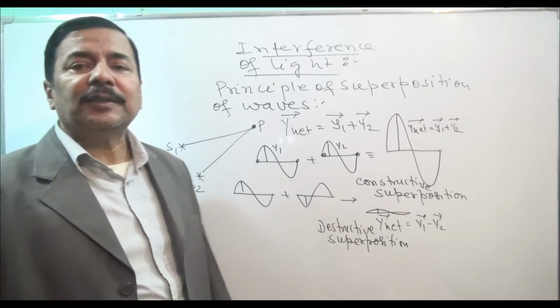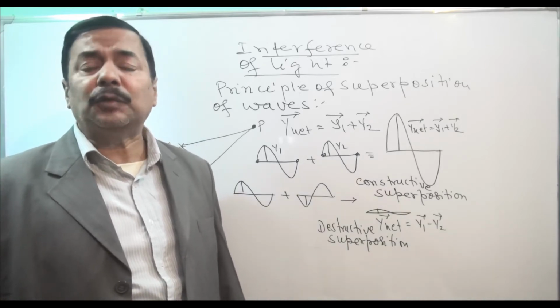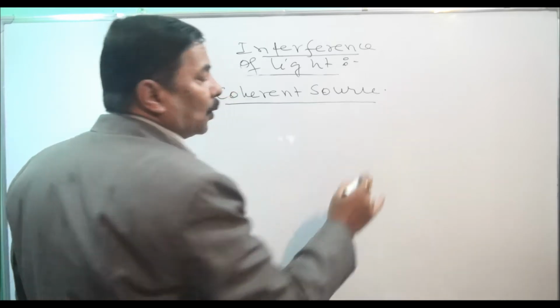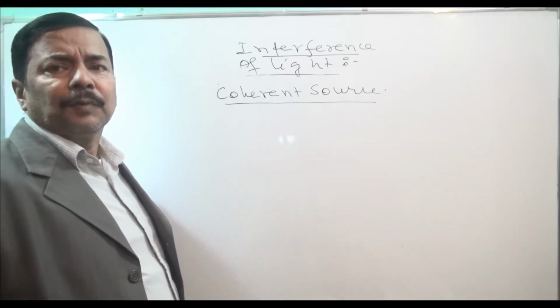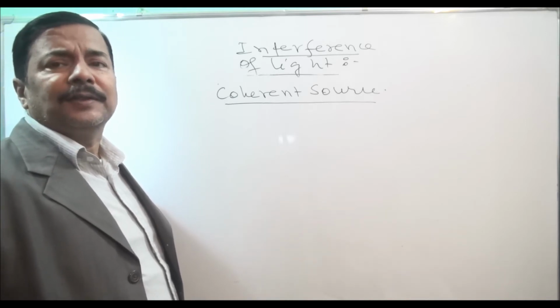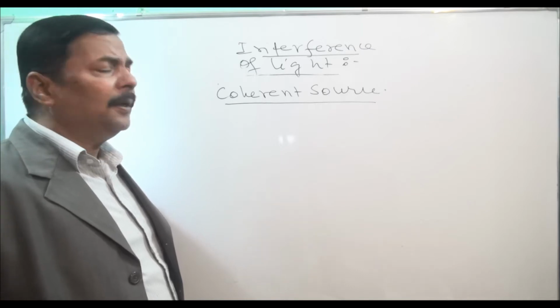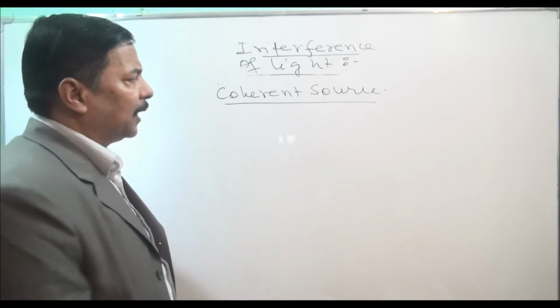Now we will try to understand the coherent source, because for interference a coherent source is also essential. A coherent source of light is that source of light which emits continuously light energy of the same frequency, same wavelength, having zero phase difference or constant phase difference. Try to understand.